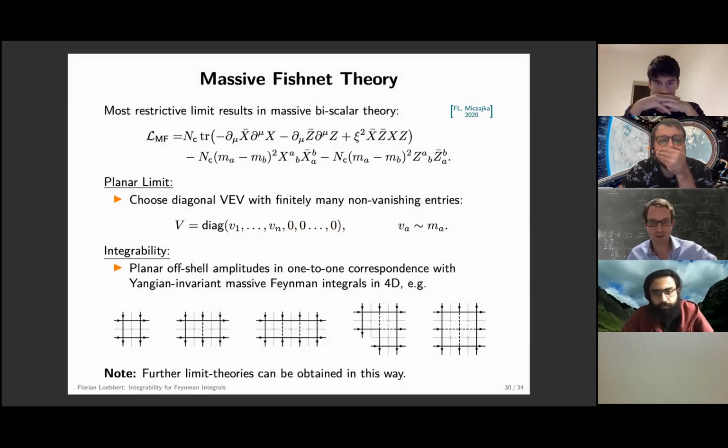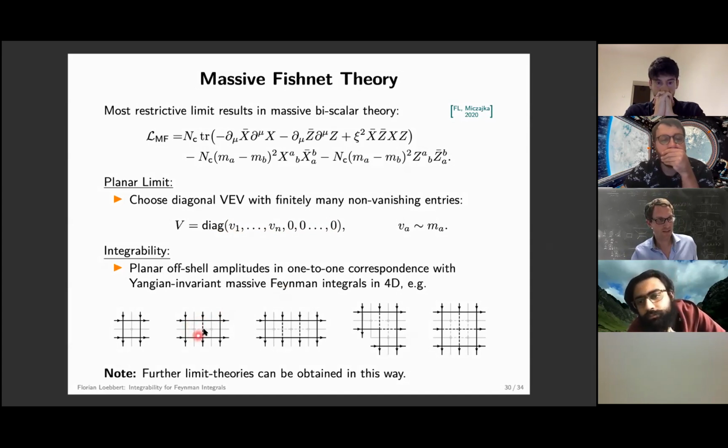This has been studied already in the context of n equals 4 in the Coulomb branch. And if we define the planar limit in this way and now take N_c to infinity, then because we have to sum over the fields that propagate in the loops, the internal contributions will be dominated by the vanishing masses, yeah?